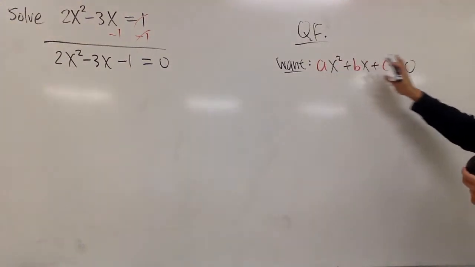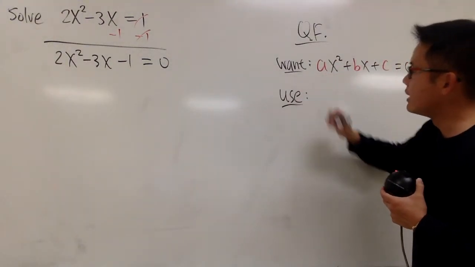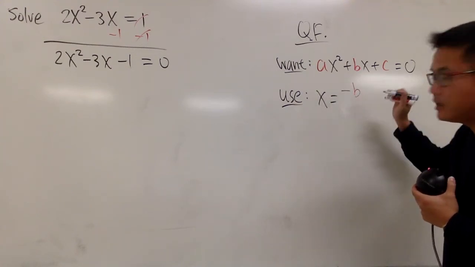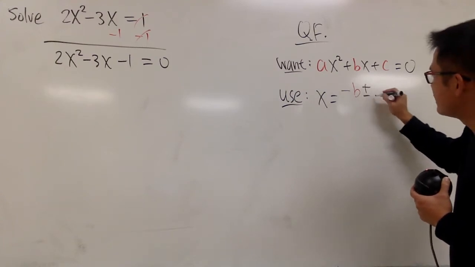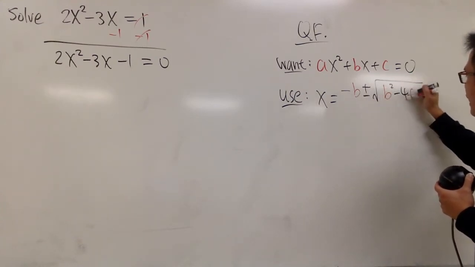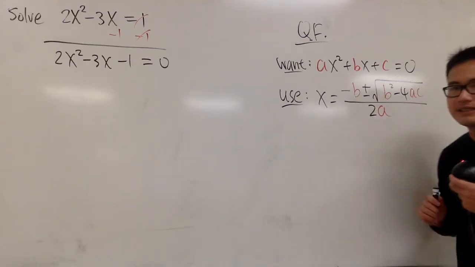Okay, once we have this equation in this form, we can then use the formula which says x will be negative b, plus or minus the square root of b squared minus 4ac, all over 2a, like this.